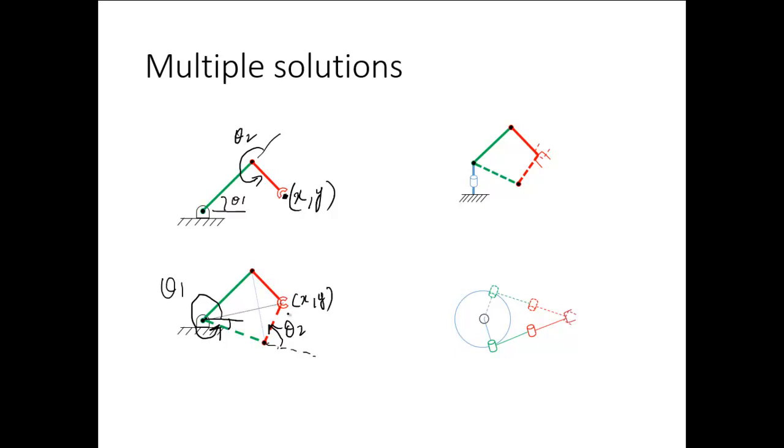Generally you will see later on that you may get some function like sine theta is equal to something, then cos theta is plus minus under root of 1 minus sine square theta. So this always happens. You have plus and minus, and this type of configuration is particularly popular. This is called elbow up, and this is known as elbow down configuration.